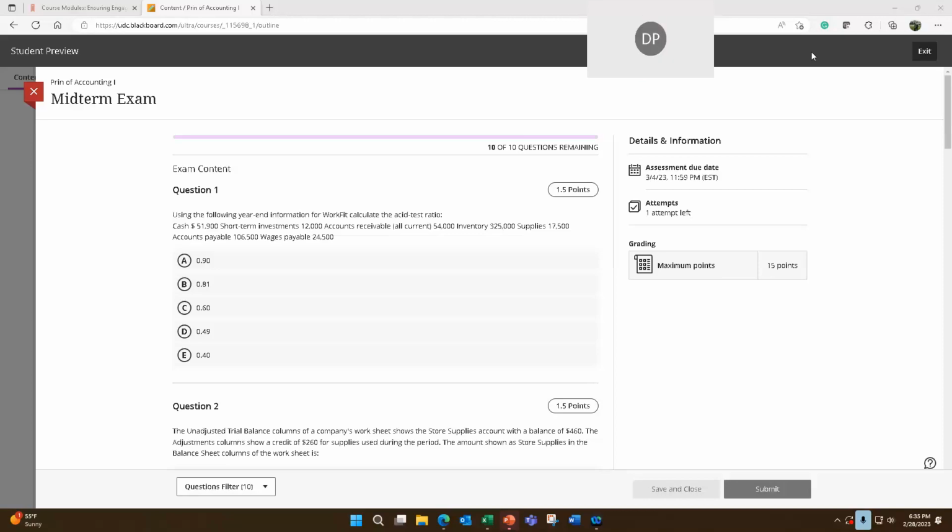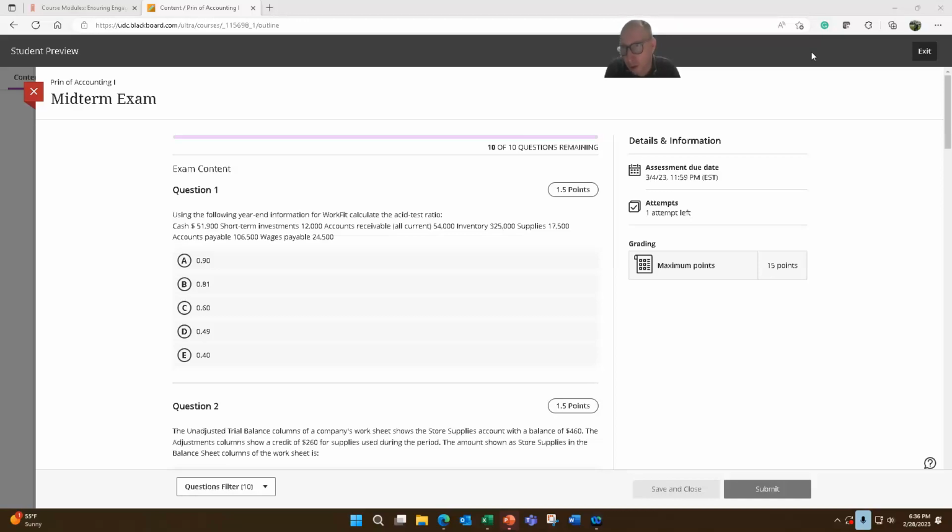No, I appreciate your transparency. It's important to understand that the acid test ratio is not the same as the current ratio. The current ratio, as you know, takes into account current assets divided by current liabilities.